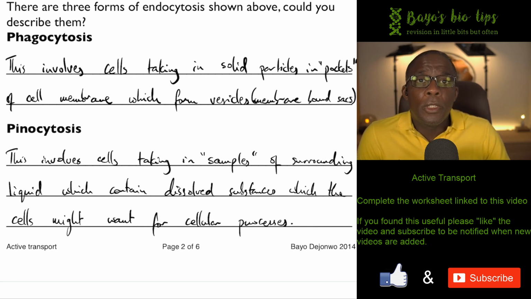Okay, so basically you've gone from the first example I gave you, which is phagocytosis, which is taking in a solid particle, or say for instance a cell, into another cell. In pinocytosis, you're just taking in a liquid that contains dissolved substances within it, which the cell may or may not need. It'll take what it needs and get rid of whatever it doesn't.